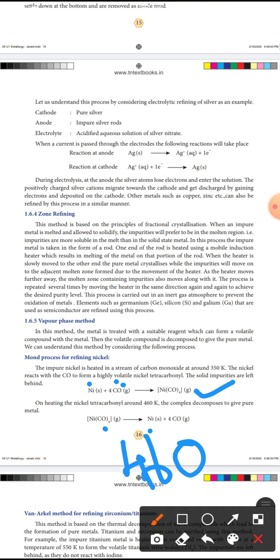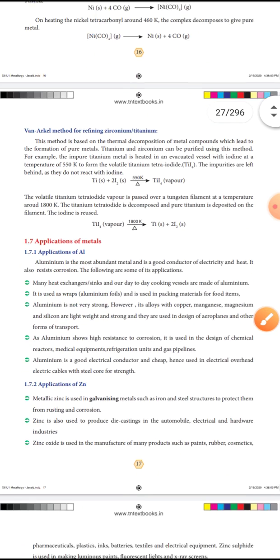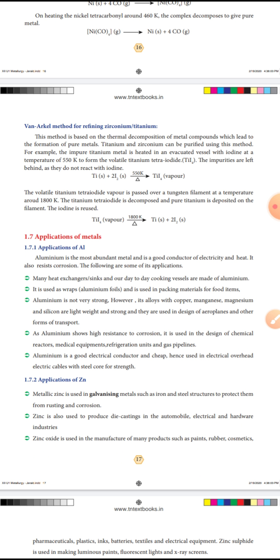The next process is the Van Arkel method for refining zirconium or titanium. The Van Arkel method is based on thermal decomposition of metal compounds by heating, which leads to the formation of pure metals.